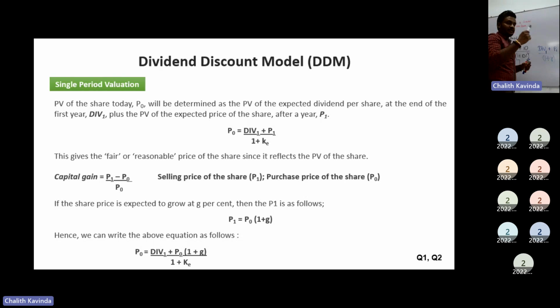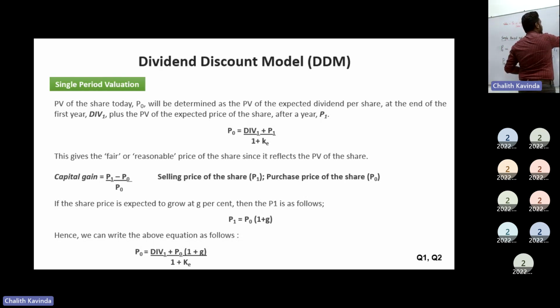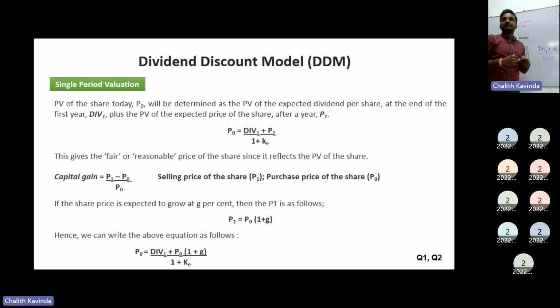Now, in the previous example, I told you that you buy the share at a price of 10 rupees and sell the share at a price of 15 rupees. What is the capital gain? 5. Capital gain is 5.